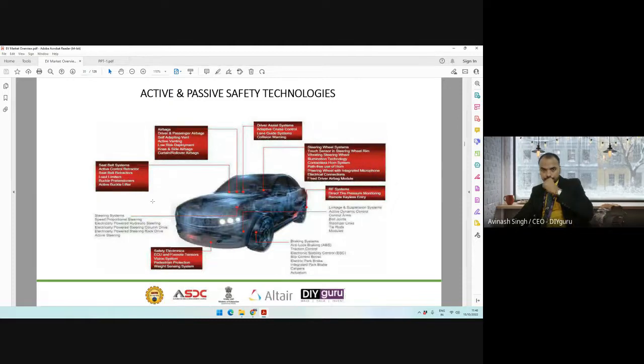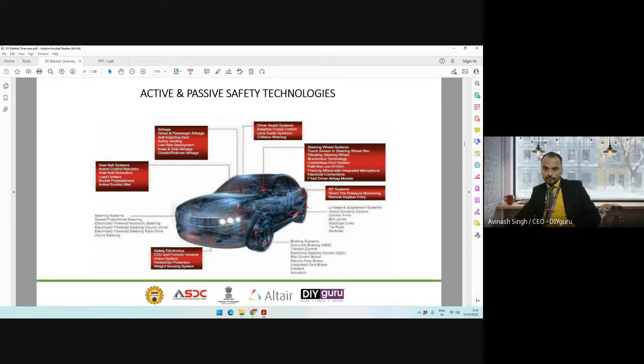Now, among these are some of the active and passive safety technologies. I think now you can very well tell me which are active safety. Let's say anti-lock braking system, traction control, electronic stability control, all of those sensors which you see in your vehicle will help you to mitigate the chances of accident, right?